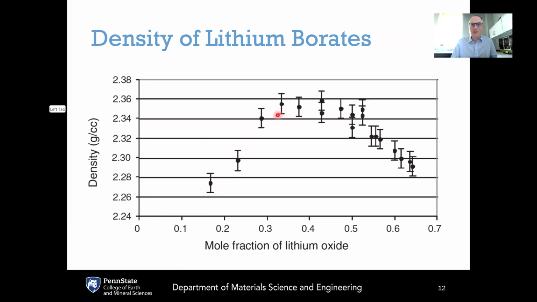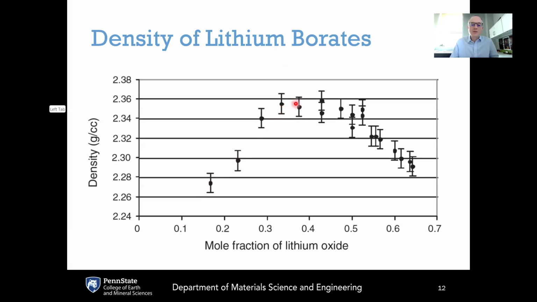It's allowing for greater connectivity, less open space. And so there is this conversion from threefold to fourfold coordinated boron that increases the density of, in this case, the lithium borate glass. It's not really about the lithium so much as it's about the change in coordination state of the boron, which enables kind of a higher density packing of the glass network.